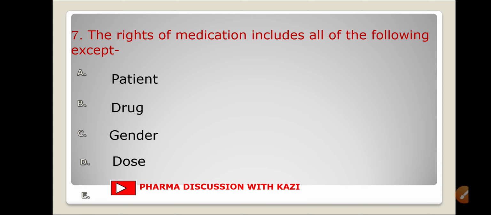The 5 rights are right patient, right drug, right dose, right route, and right time. Here, right gender is not included in the rights of medication. So gender, that is option C, is the correct answer for this question.